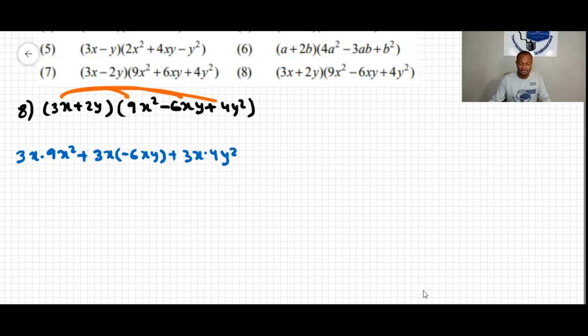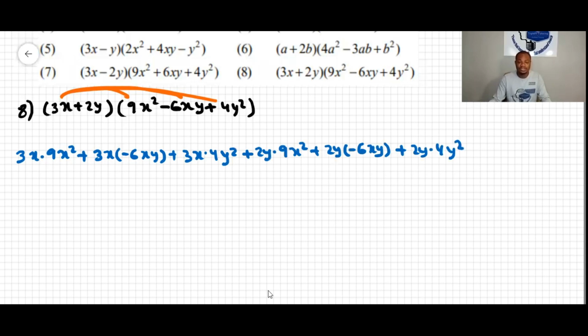Now let's take the 2y. So it makes positive 2y times 9x squared. Now, positive 2y times negative 6xy, and then positive 2y times 4y squared. Right.